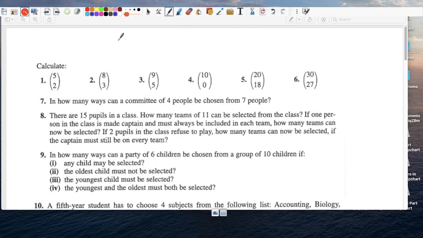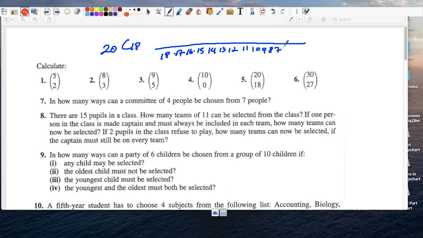5, now 5 is a little longer, so 20, 19, 18, let's see if I can do this. 17, 16, 15, 14, 13, 12, 11, 10, 9, 8, 7, 6, 5, 4, 3, 2, 1.